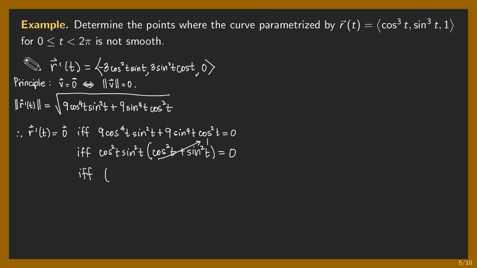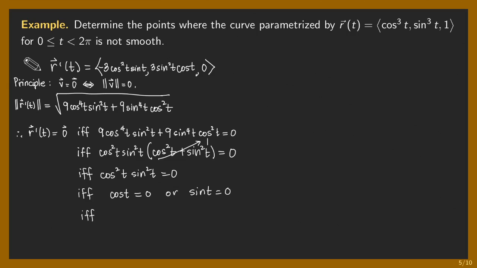Okay, so this means that this will become 0 if and only if this is 0, and because this is a product of two things, either cosine t is 0 or sine t is 0.